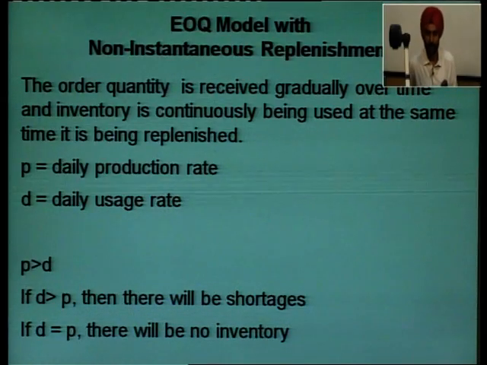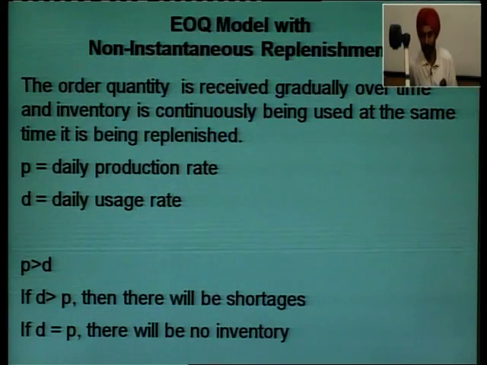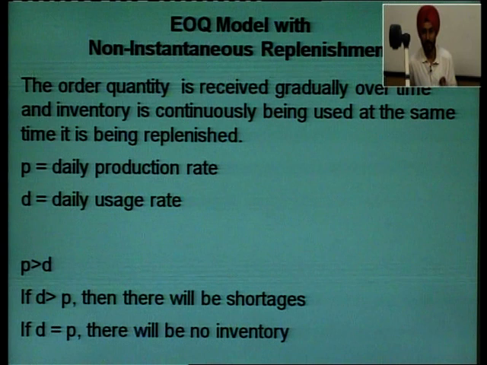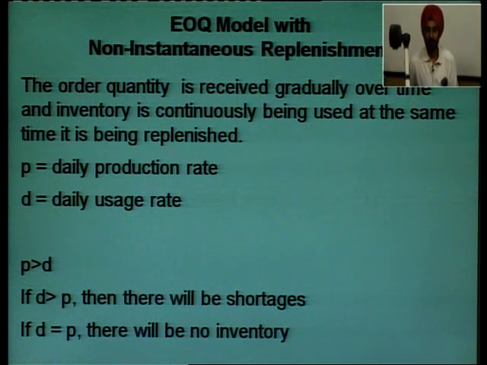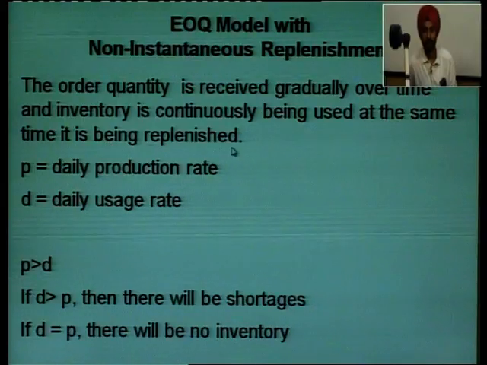In case of instantaneous, all inventory has been received at once, but in case of non-instantaneous replenishment, it is not received at once, it is received gradually over time. Inventory is continuously being used, at the same time it is being replenished.